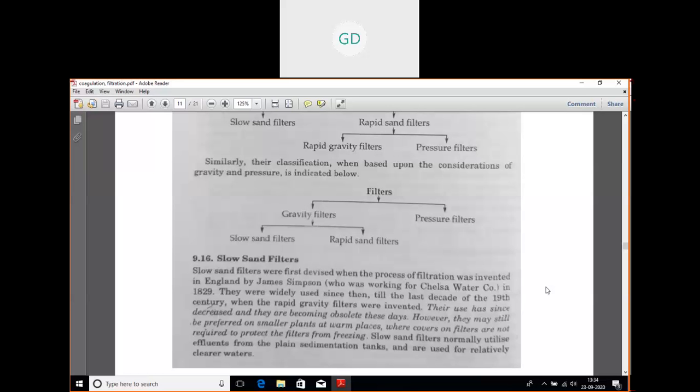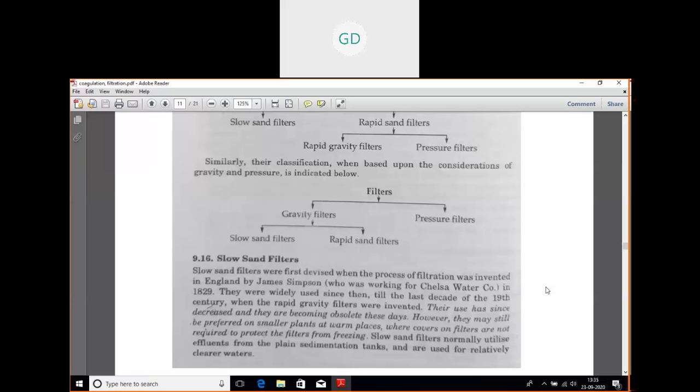But one thing you can say is that slow sand filters give more accurate results than your rapid gravity filters. Though it has become obsolete nowadays, these slow sand filters give you purer water, or you can say more accurate results, than your rapid gravity filters.